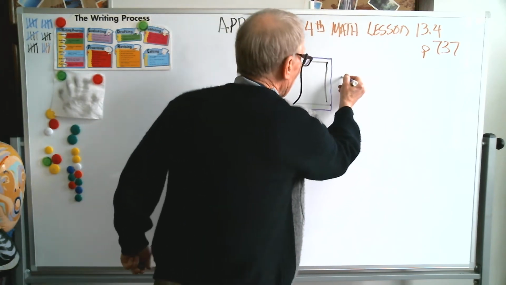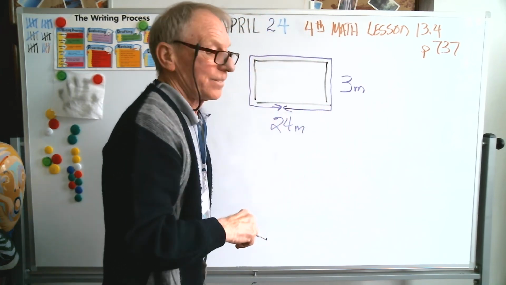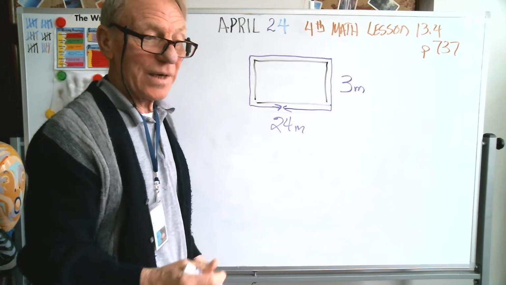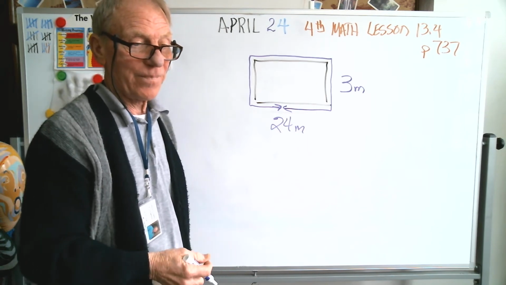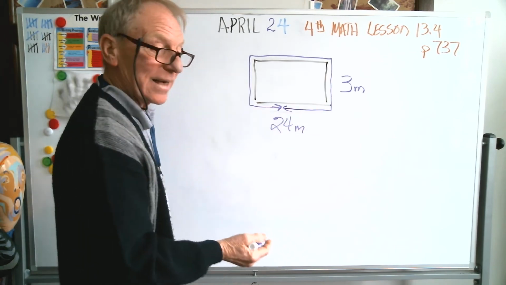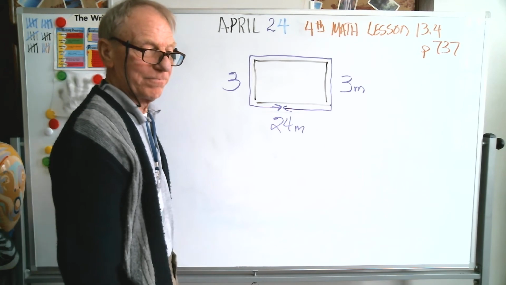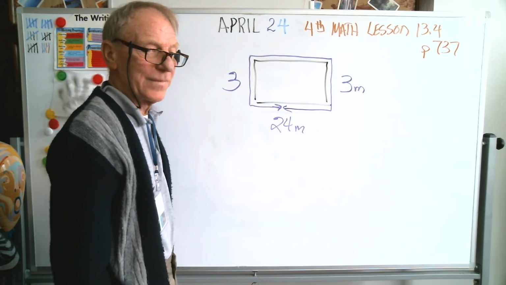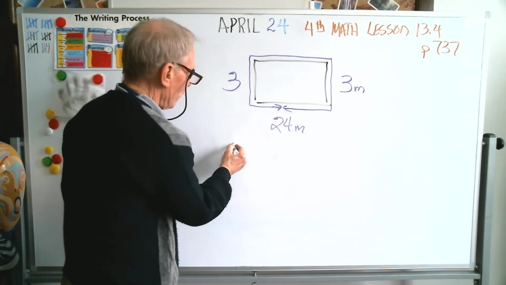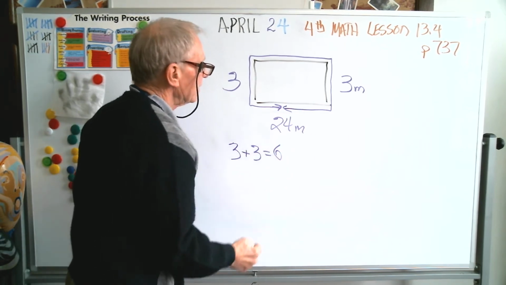So we know that one dimension is 3 meters. So if that's 3 meters and it's a rectangle, this has to be 3 meters as well. They're the same. Together, the 3 plus 3 equals 6 meters.